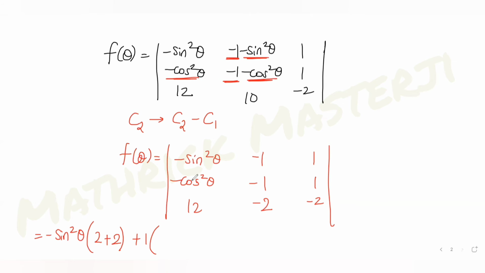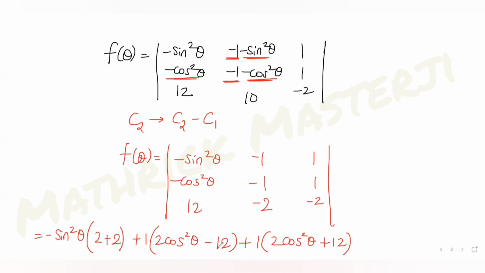This becomes −2 into −cos²θ, so 2cos²θ, minus 12 into 1, which is 12. And the last one, plus 1 times: −2 into −cos²θ, so 2cos²θ, minus −1 into 12, so plus 12.